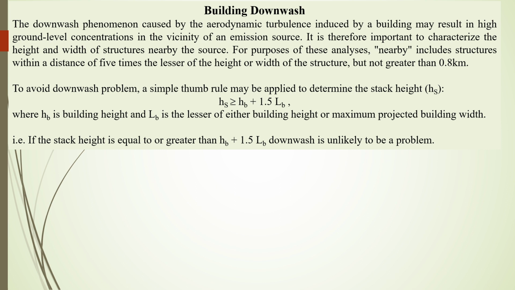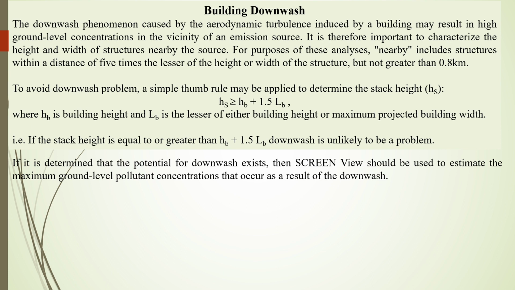So here LB is 80. So 1.5 times 80 becomes 120, and HB is 100. So 220. If the stack height is greater than or equal to 220, then the downwash problem may be overlooked.